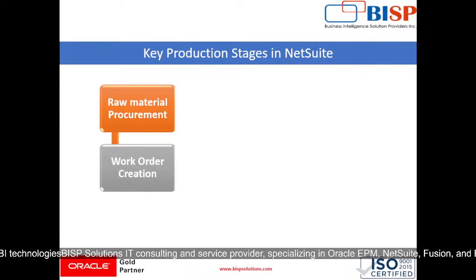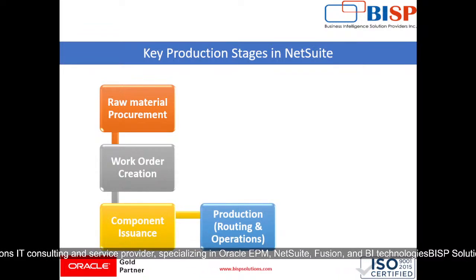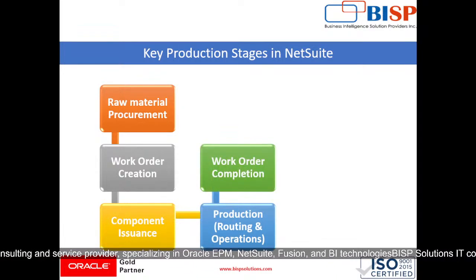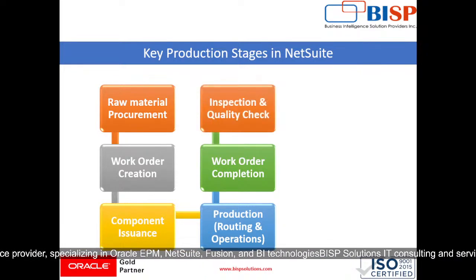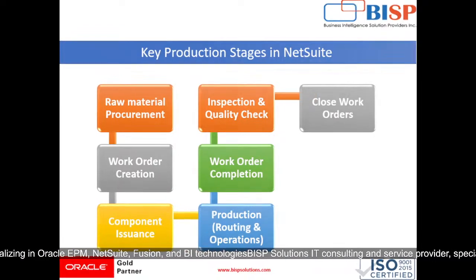Next, a work order is created, and component issuance is there. Then production, where routing and operation are done. Then the work order is completed. After that, inspection and quality check is done. Then we can close our work orders.